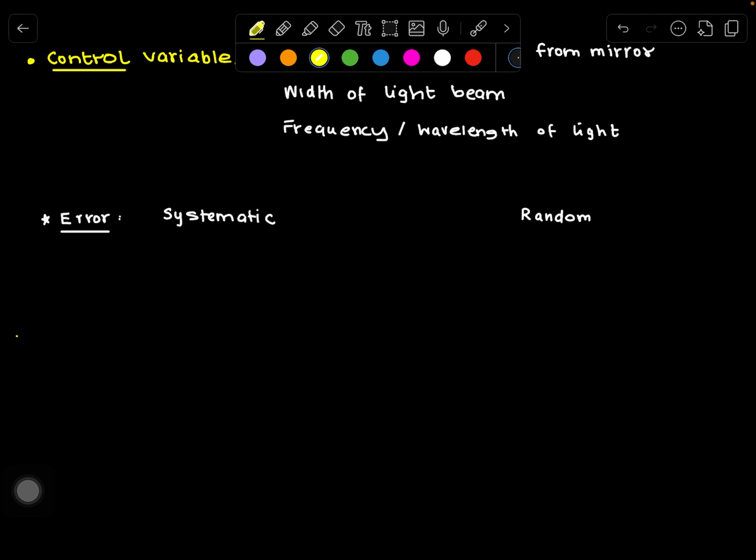So systematic errors में क्या क्या आ सकता है कि आपका mirror distorted है, like mirror ही खराब आपने choose कर लिया, mirror distorted, okay. और random errors में क्या आ सकता है कि your pencil was not sharp enough, उससे जो आपने beams, जो rays draw की थी वो accurately draw नहीं हुई.